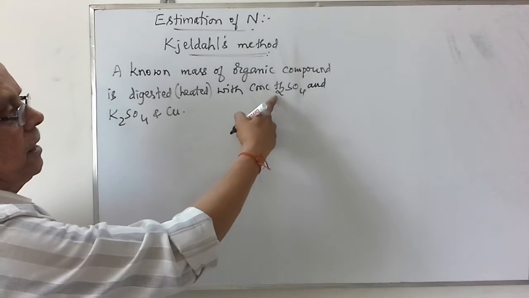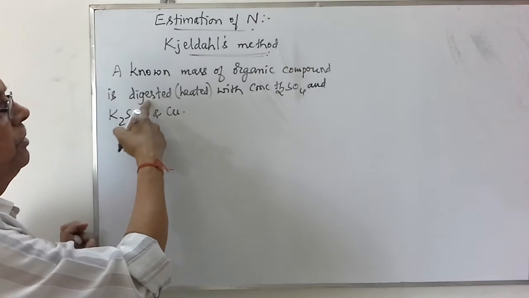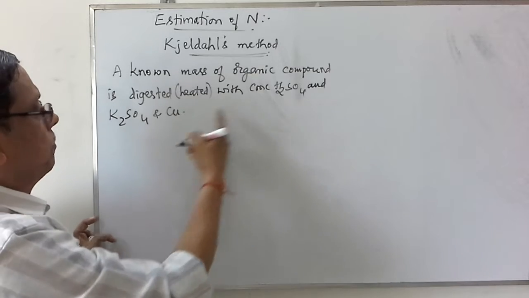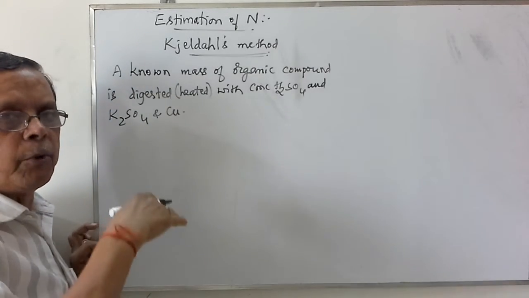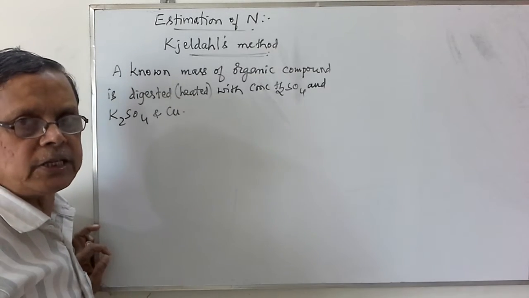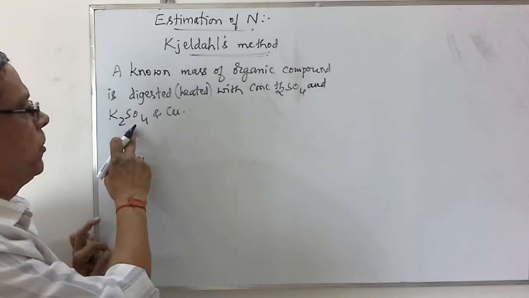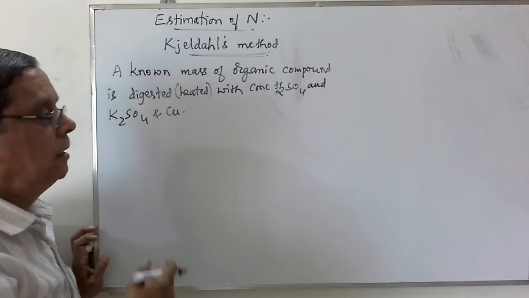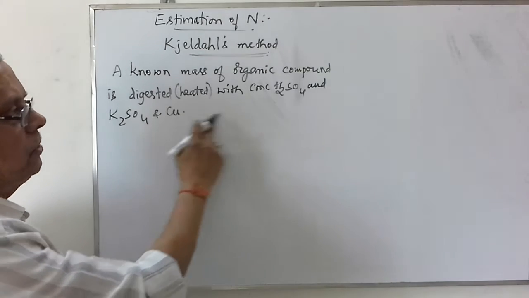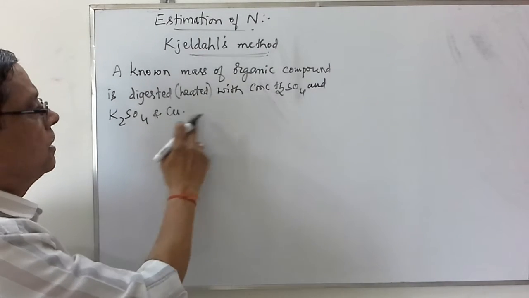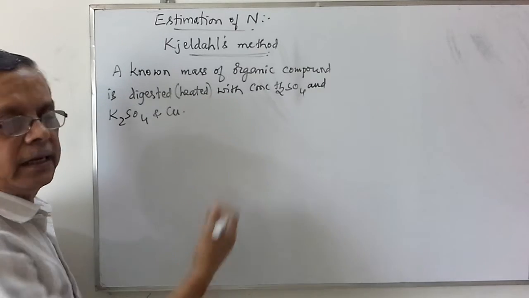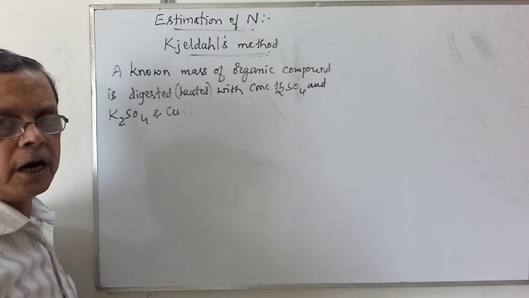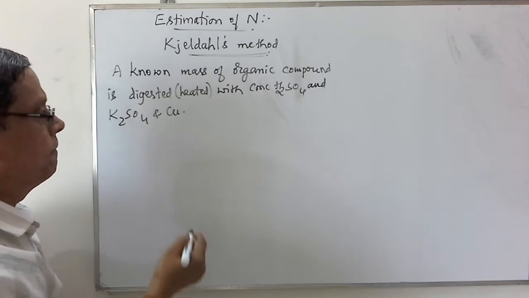This concentrated sulfuric acid will react with the nitrogen present in the organic compound. Potassium sulfate will decrease the boiling point of concentrated H2SO4. In absence of the potassium sulfate, H2SO4 will have a higher boiling point. That's why this K2SO4 is added to reduce the boiling point. Copper will increase the speed of conversion of the nitrogen in the organic compound to ammonium sulfate.